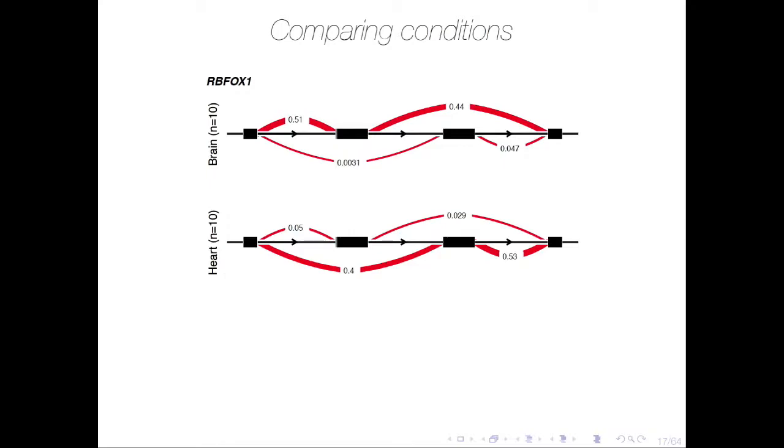The visualization here is showing the average proportion of the time each of these introns is used relative to the other introns in the splicing component. The thickness of the lines corresponds to that number also. And what you can see here is that in brain, there's preferential use of this first exon, whereas in heart, there's preferential use of this exon.